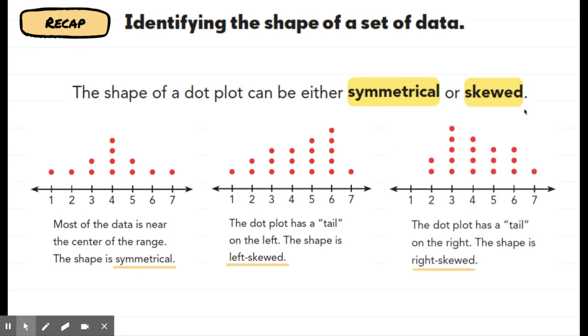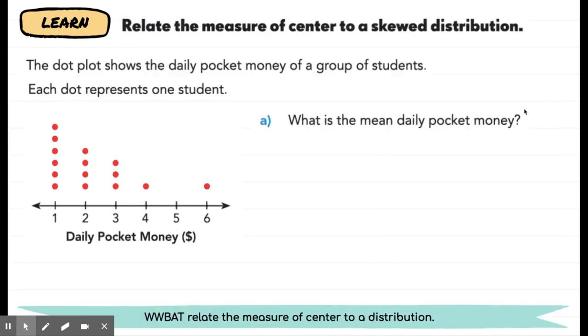And if the tail is on the right, then the shape is right skewed. So we are going to learn how the skew can be related to the measure of center, or central tendency. How the skew will relate to mean, median, and mode.